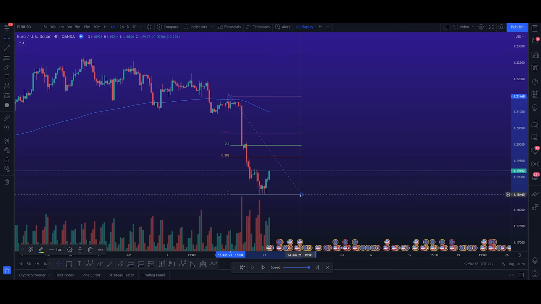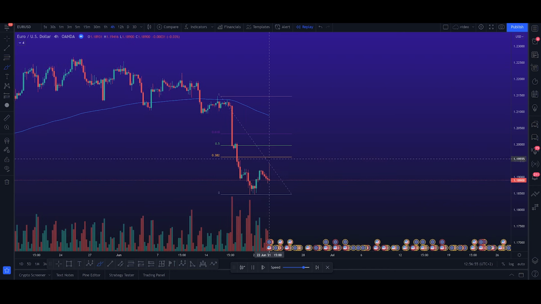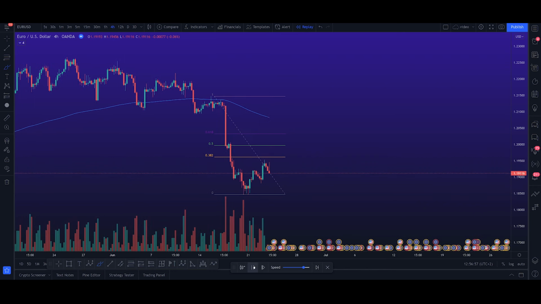As with the long, we are now waiting for this level to be touched in order to think about opening a position. First, we need to see how the price reacts, and I'm going to play the chart right now and see if the price reacts to this. Now, one second before we continue. It might happen that the price would suddenly turn right here, and you might feel like you missed out.